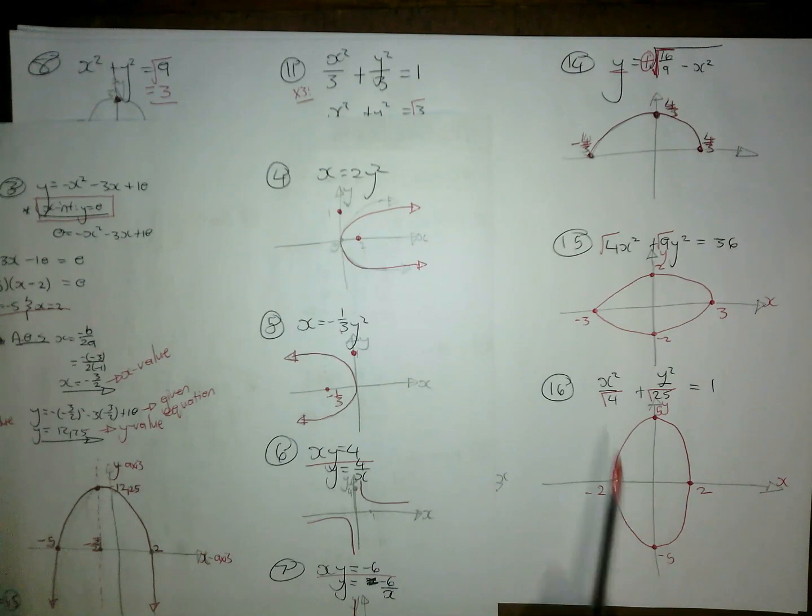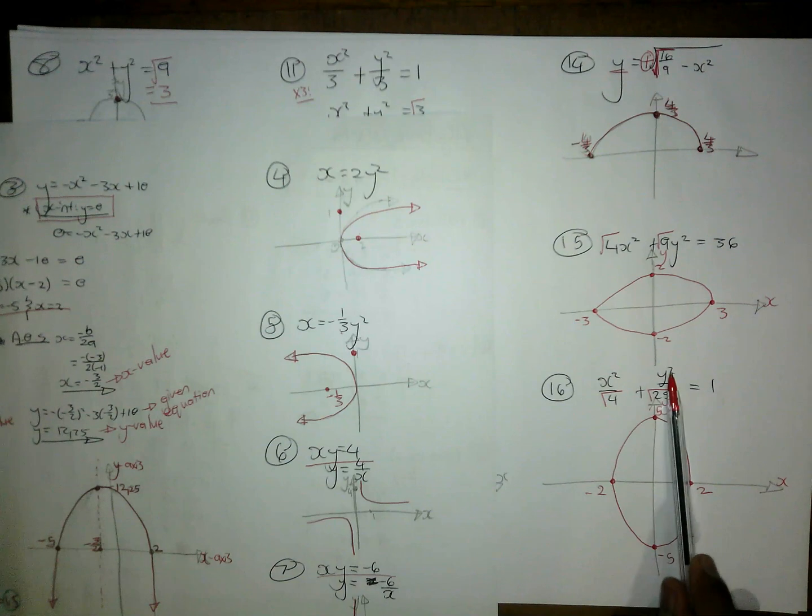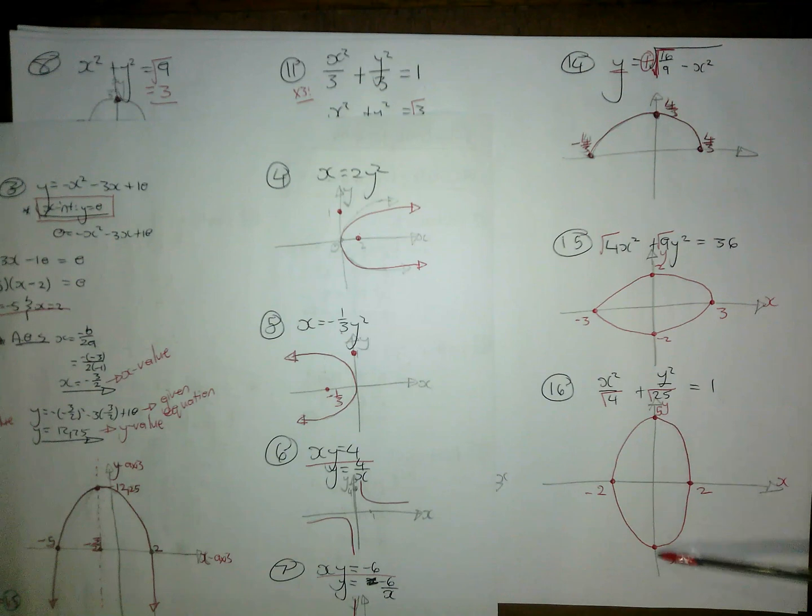We do the very same thing over here. 4 is for the x squared, so we take the square root of 4 and get 2, and then the 2 is placed on the x-axis. 25 goes with the y squared in a fraction, and we give it on the y-axis. So to me, it's similar. Not the same thing, it's similar.